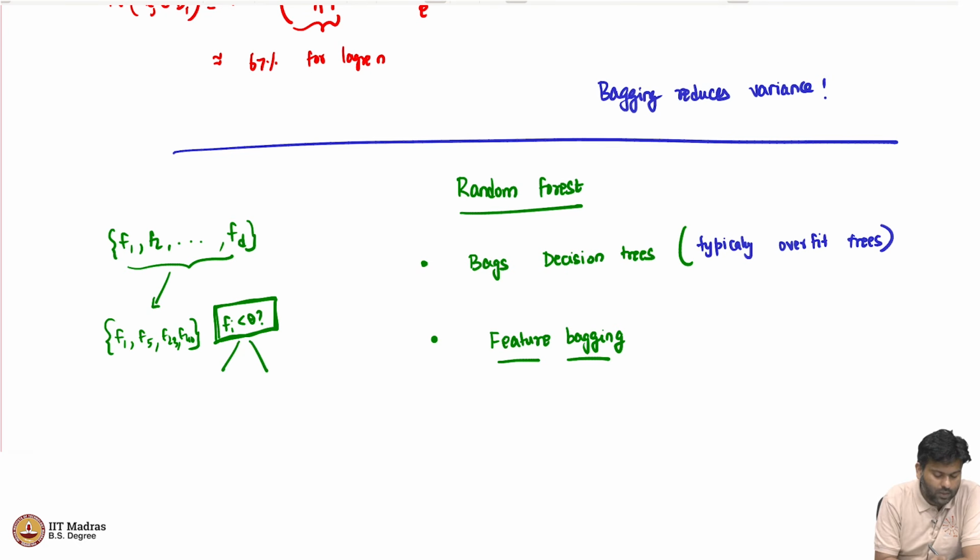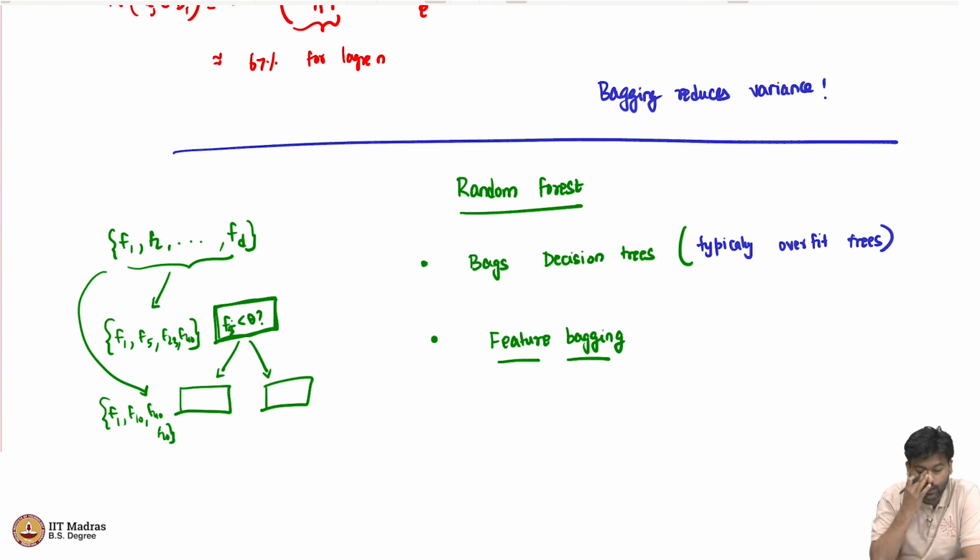Maybe F5 was the best feature in this case. Now again I subsample a bunch of features, maybe F1, F10, F40, F20. I pretend that my data set has only this set of features, and then I ask how I can find the best feature and split here, right.